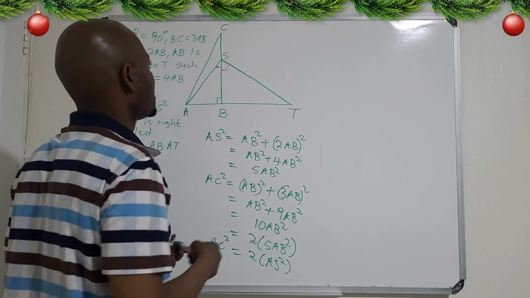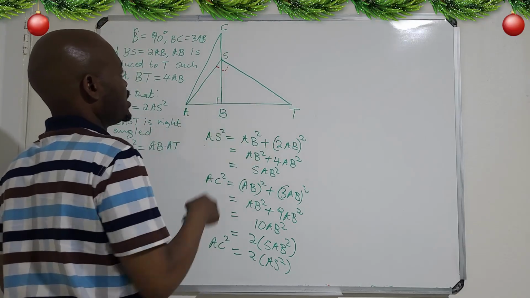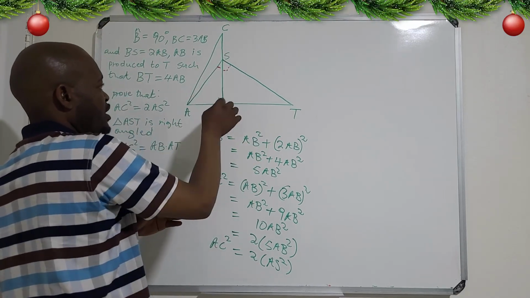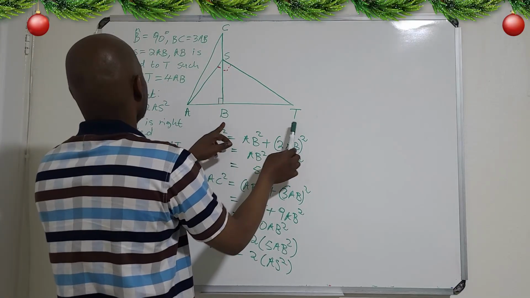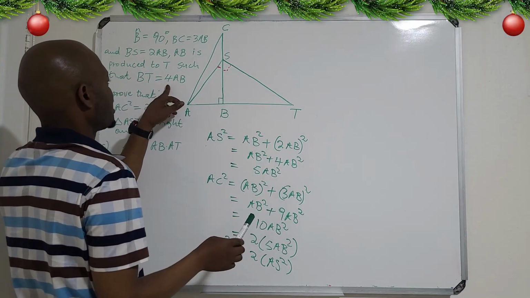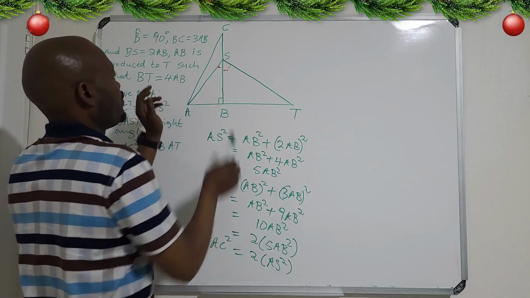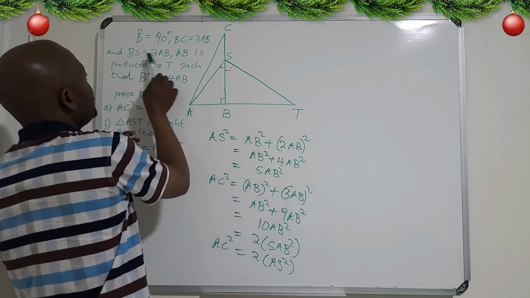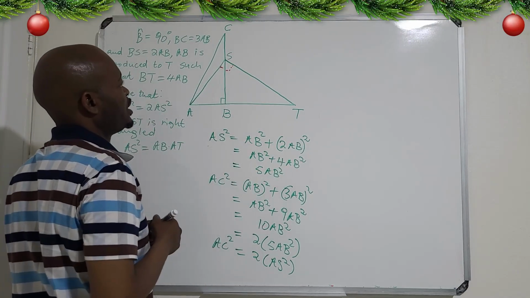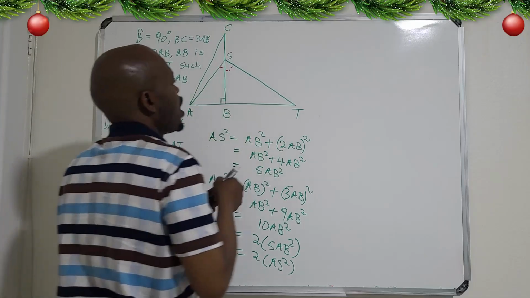For us to do that, we must first find ST. We also have BT, because BT was given as 4AB. Therefore, we do have BS, and BS is equal to 2AB. Now we can find ST squared.